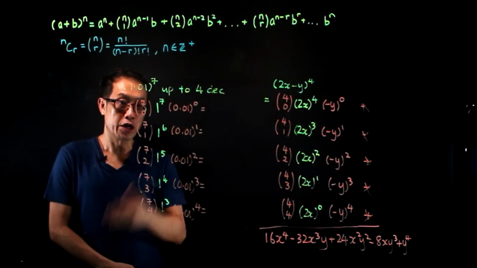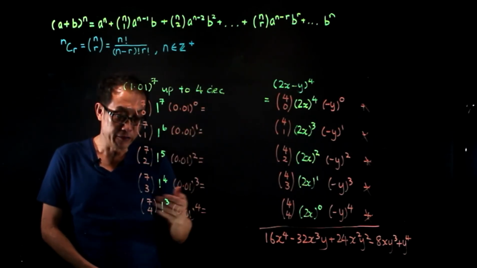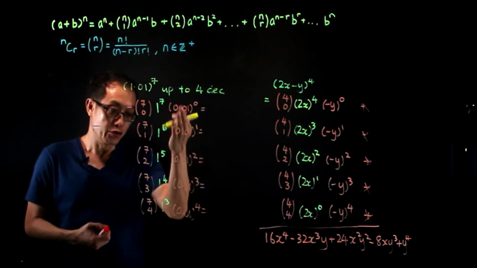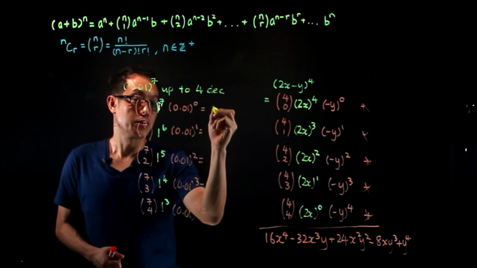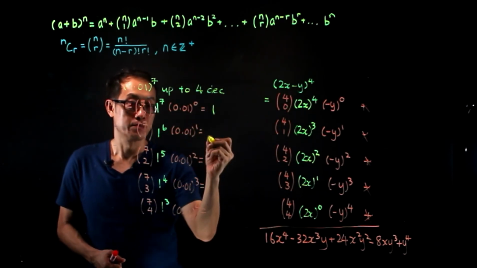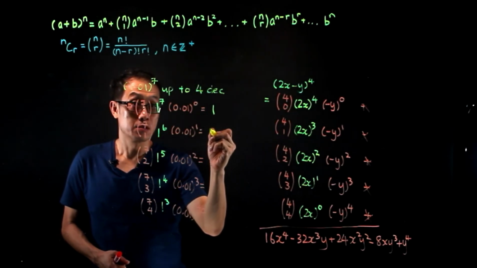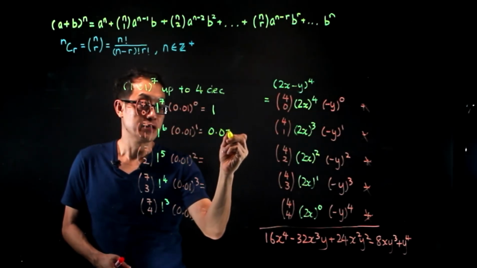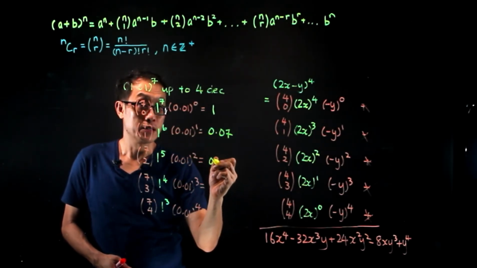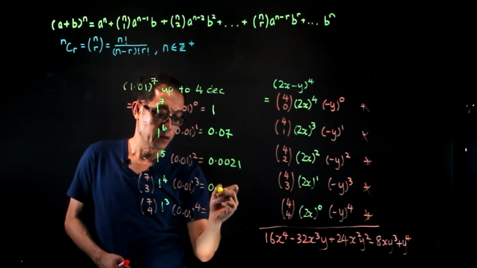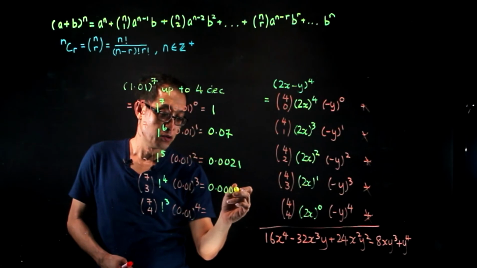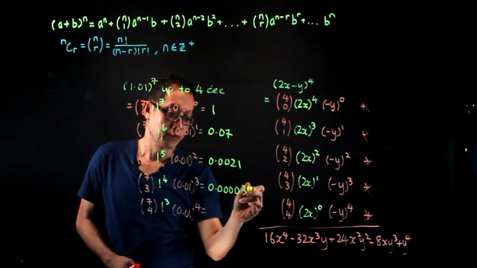Next, you can press the calculator for each and every one of them and you add all of them up. So this one you will get 1. This you get 0.07, followed by 0.0021, followed by 0.000035.